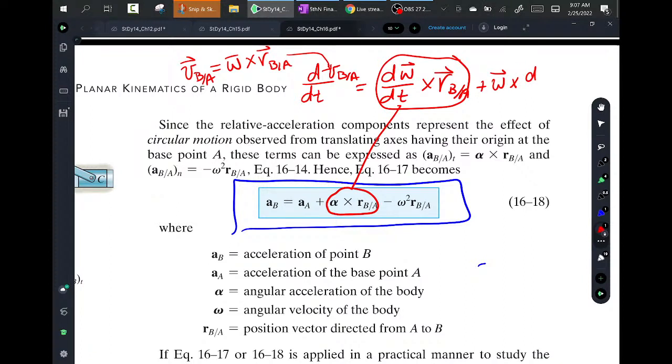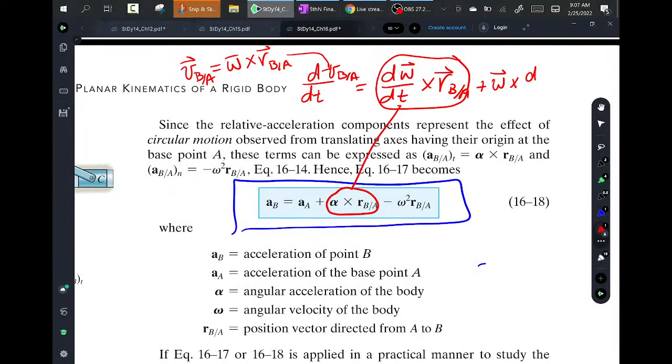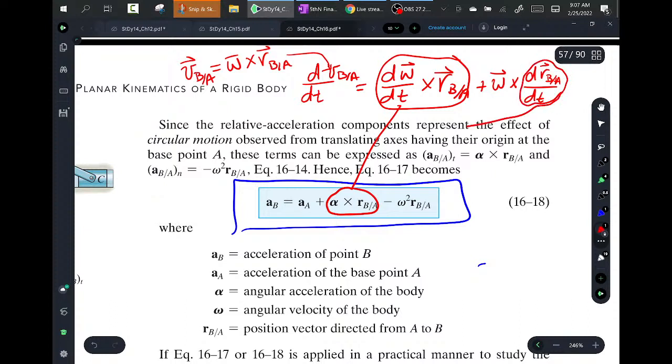of, hang on just a second, you had B to A, that's what you had to get, sorry, the derivative of R B to A with respect to time. This term, believe it or not, is actually this term.